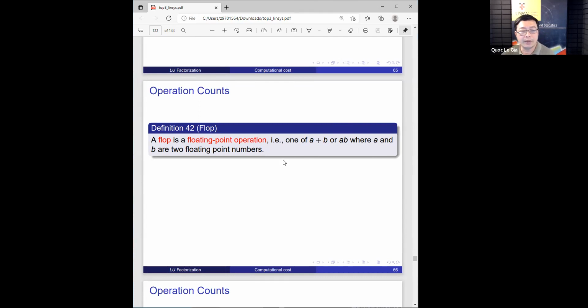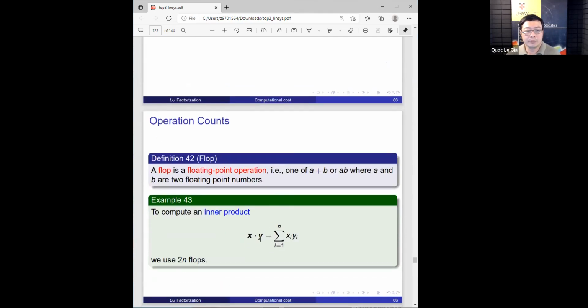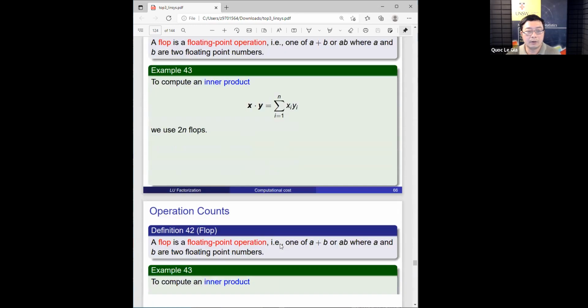And then, for example, suppose you have two vectors and you want to compute the inner product. Then we say that this is about 2n flops. Why is that?